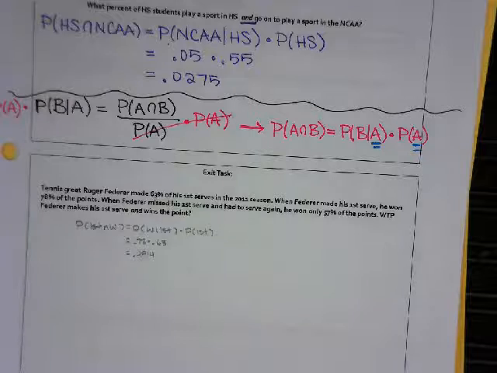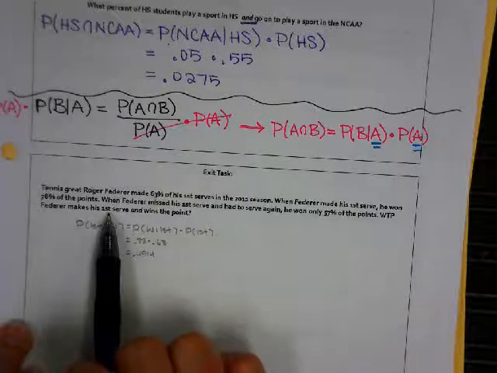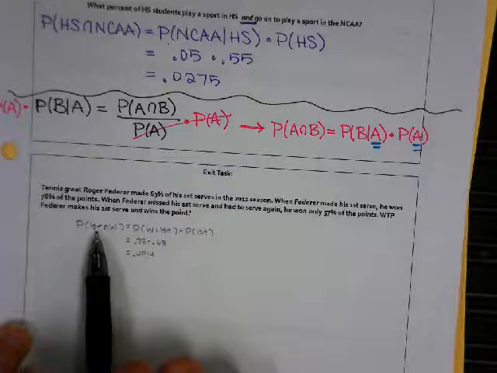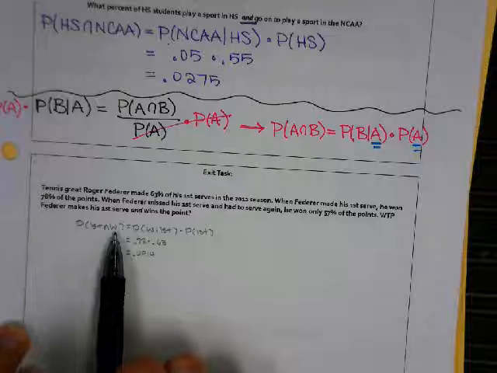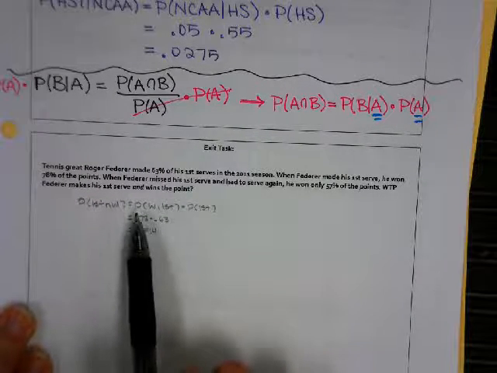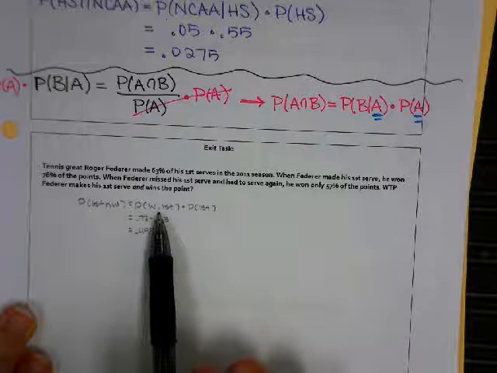Maybe it'll help. Alright, so the question is, what's the probability that he makes his first serve and wins the point? So probability, first serve, and wins. So she has W for win. The general multiplication rule tells us that we need to take the probability he wins the point given he made his first serve times the probability he makes his first serve. Both of those probabilities are stated in the problem.